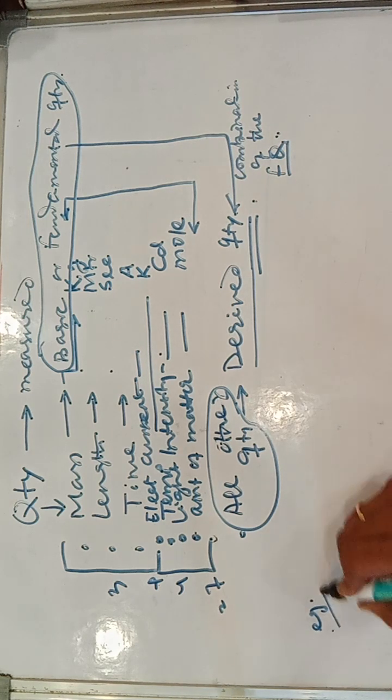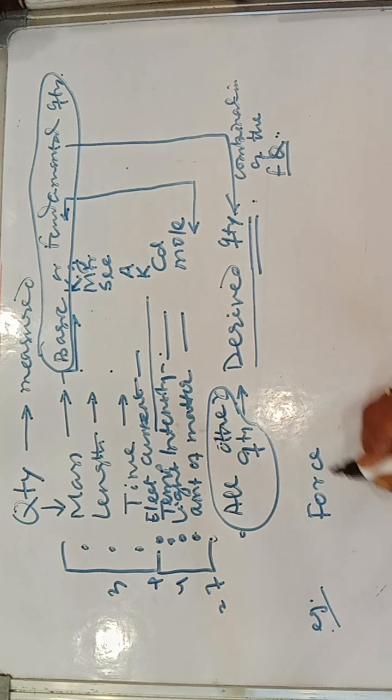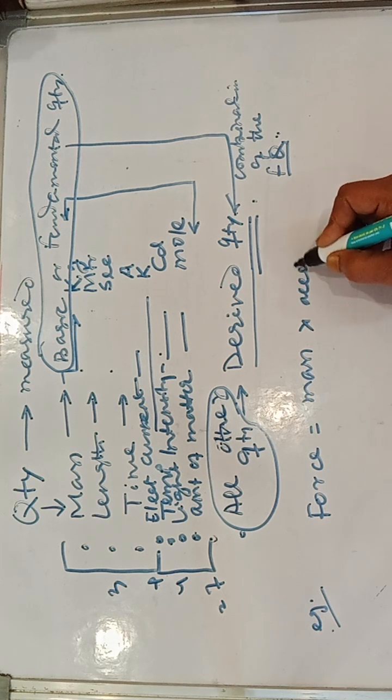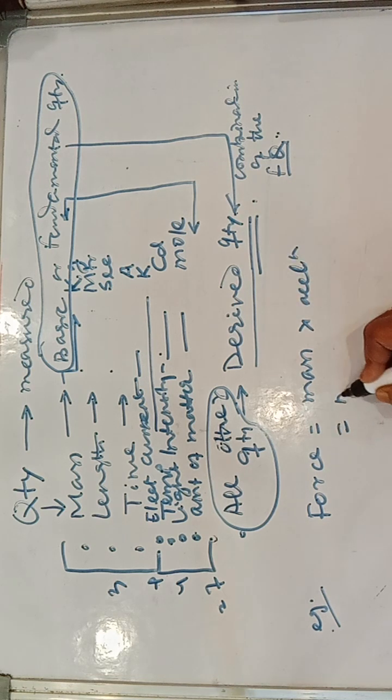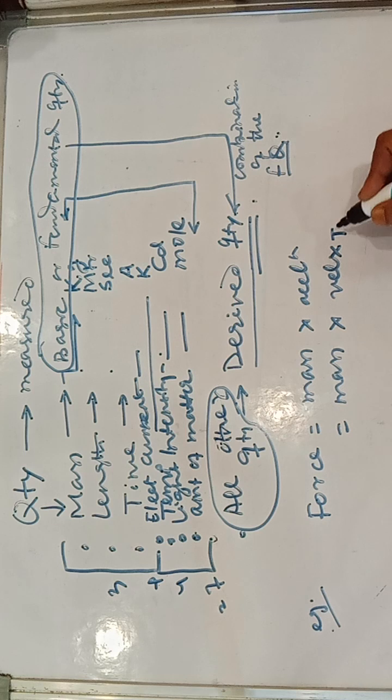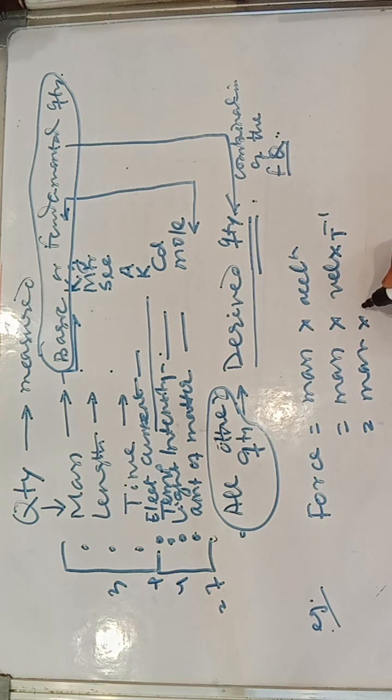Example, force will be mass into acceleration, which is equal to mass into velocity per time, which is equal to mass into distance or displacement per time, again per time.